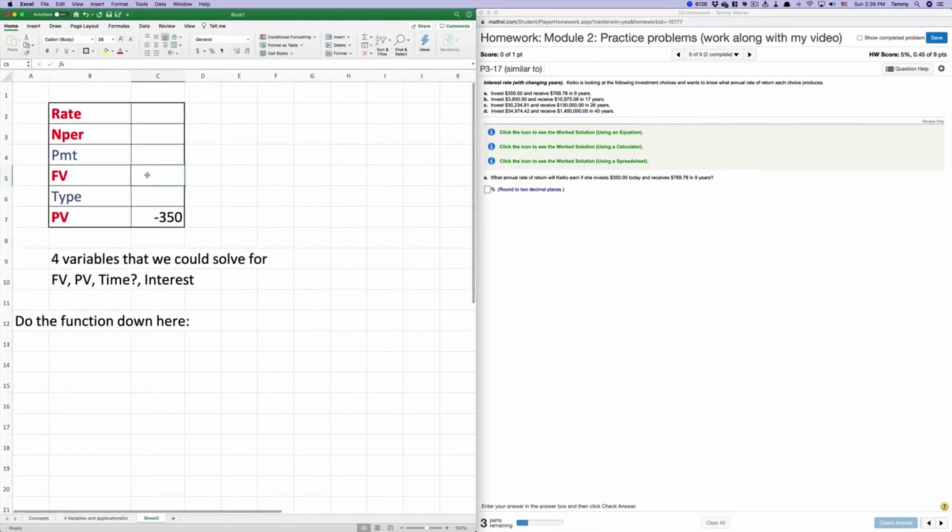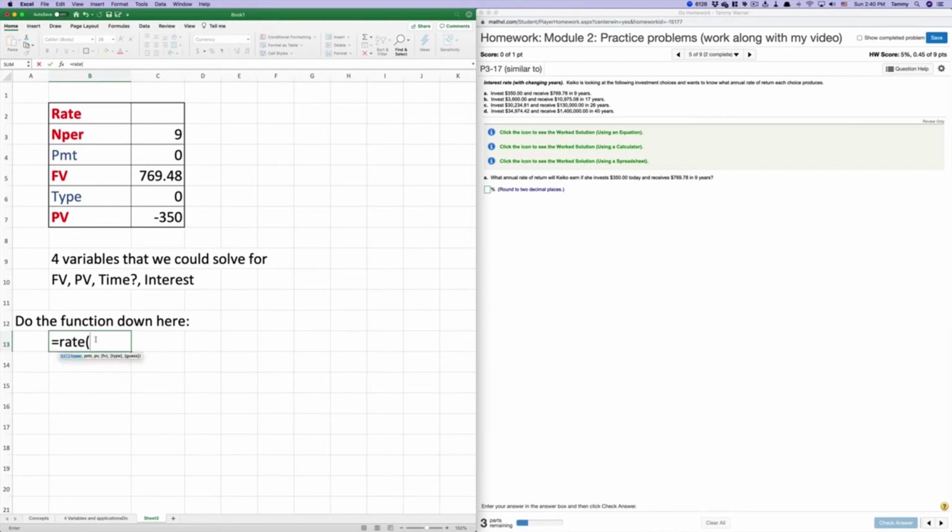The future value is $769.78, and the time period is 9 years. Payment 0, type 0. Okay, so what we need to do is we invoke Excel's rate function. So the number of periods is 9.